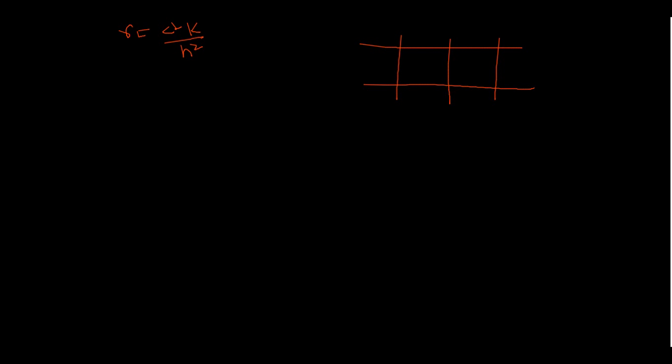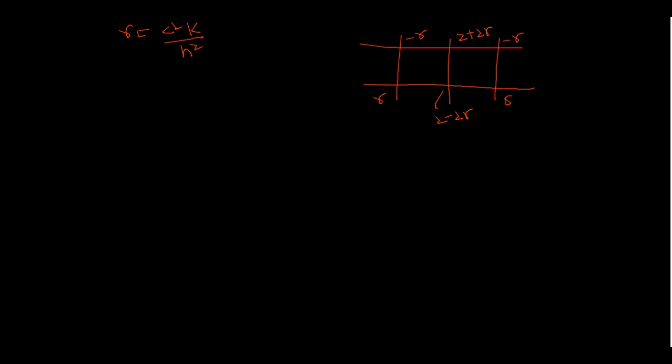This point is minus r, this is 2 plus 2r, and this is minus r; this is r, this is 2 minus 2r, and this is r.